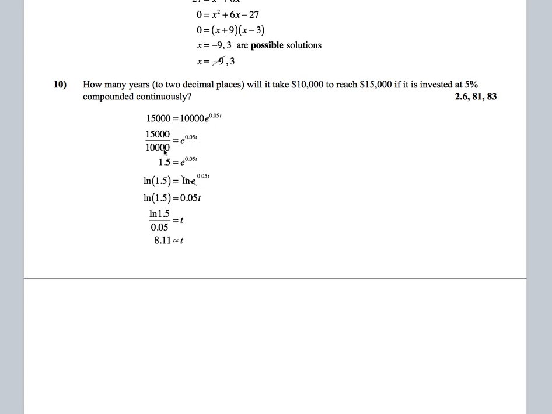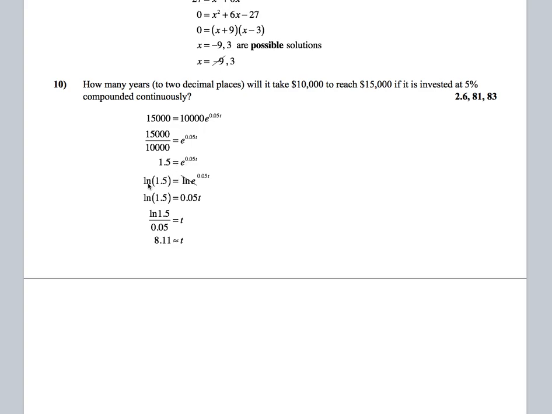15,000 divided by 10,000 is 3/2, which is the same as 1.5. And since it's an exact decimal, then I have no problem with the decimal as opposed to a fraction here. So 15,000 divided by 10,000 is 1.5.